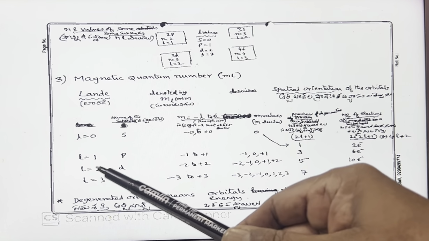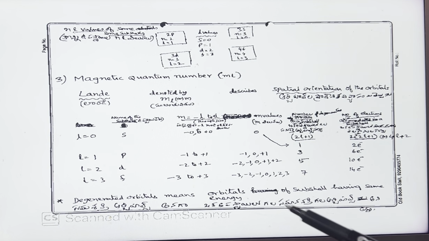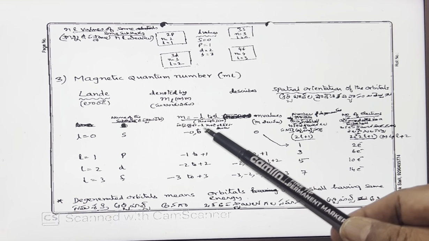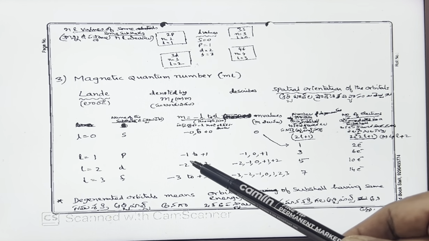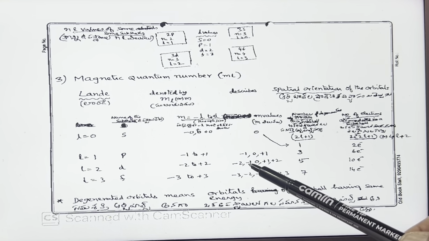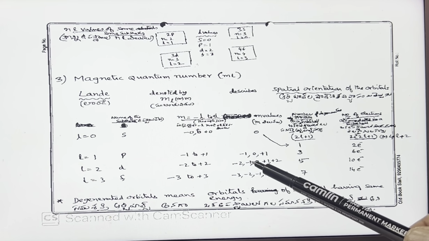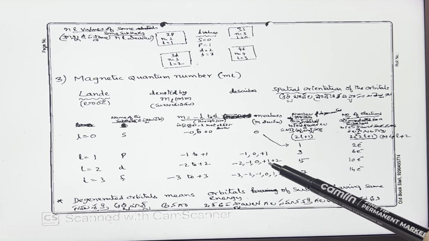Suppose you take l equal to 2. That is called the d subshell. According to the magnetic quantum number, m takes values from minus 2 to plus 2: minus 2, minus 1, 0, plus 1, plus 2.